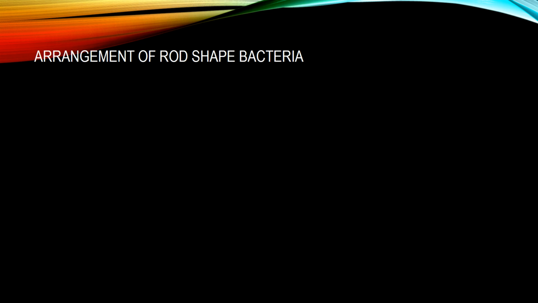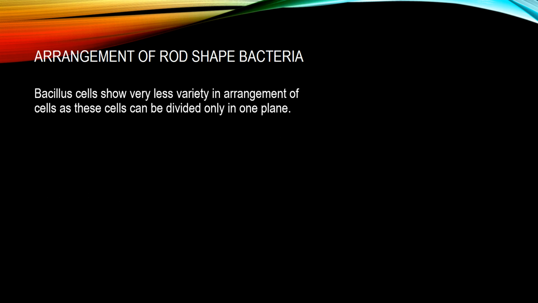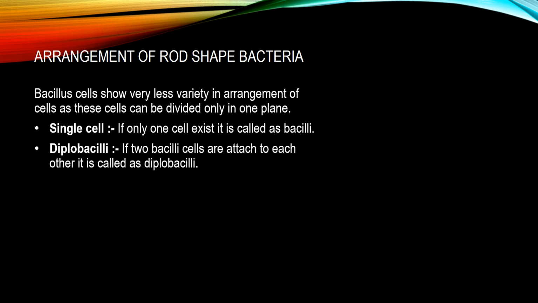Now we will look at the arrangement of rod shaped bacteria. Bacillus cells show very little variety in arrangement, and these cells can divide only in one plane. So, single cell: if only one cell exists, it is called bacilli.